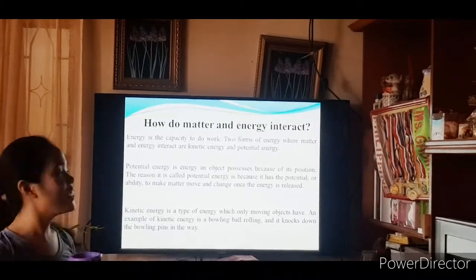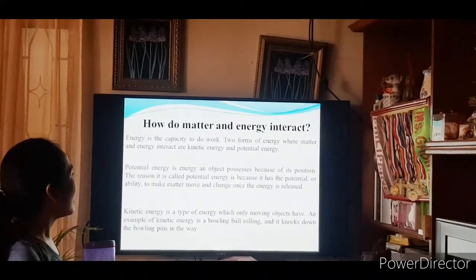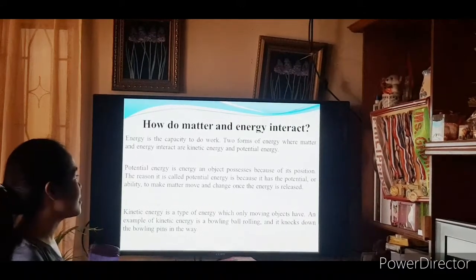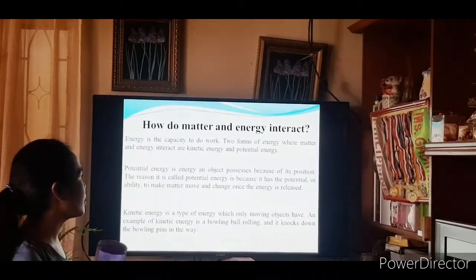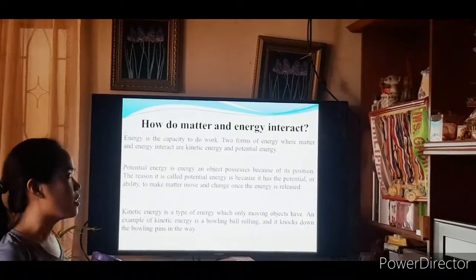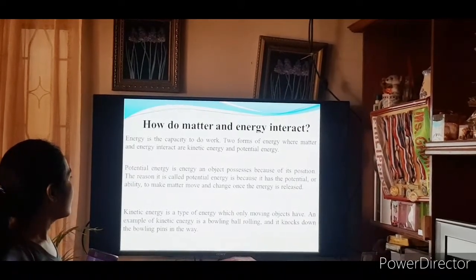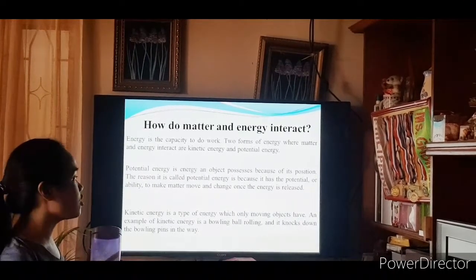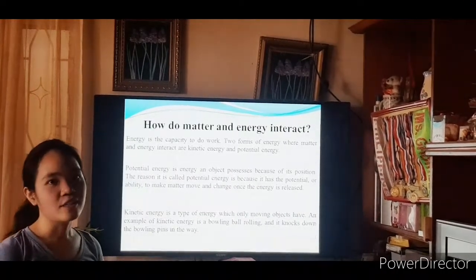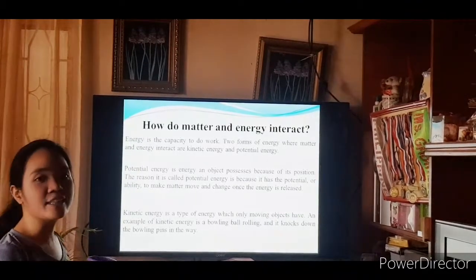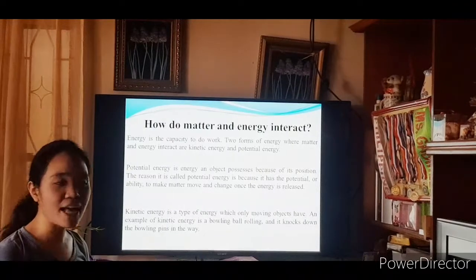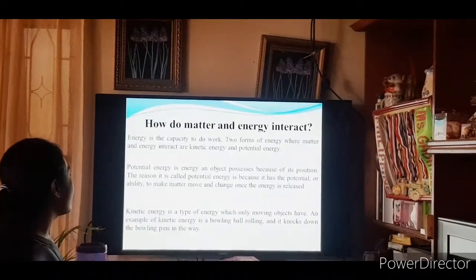So potential energy is energy that an object possesses because of its position. The next one is kinetic energy.